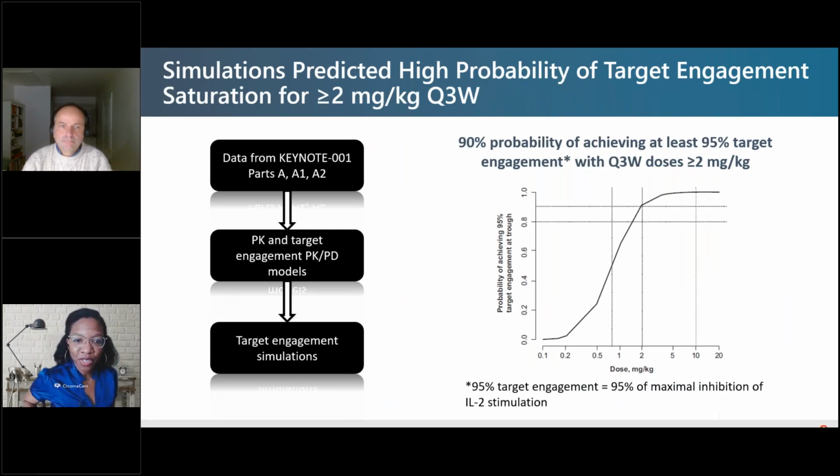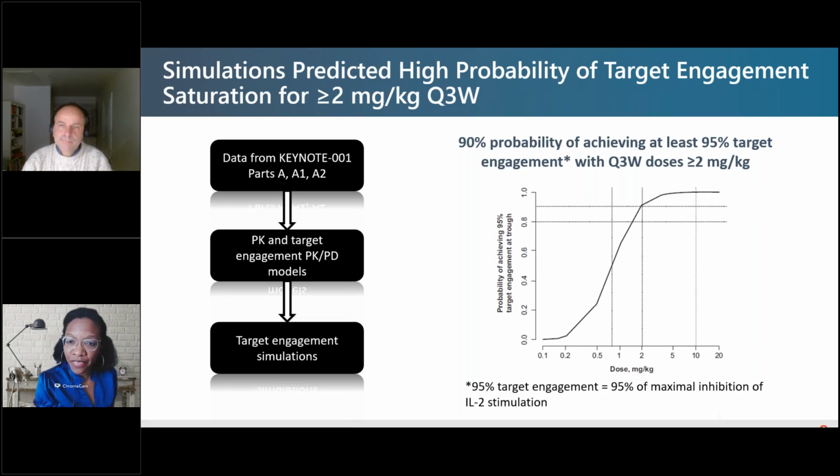The PK/PD models were then updated to include all the data collected so far from parts A, A1, and A2, and the updated models were used to simulate target engagement across a range of doses of pembrolizumab. The graph on the right shows the probability of achieving 95% target engagement.